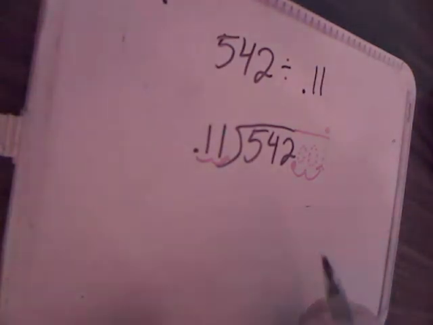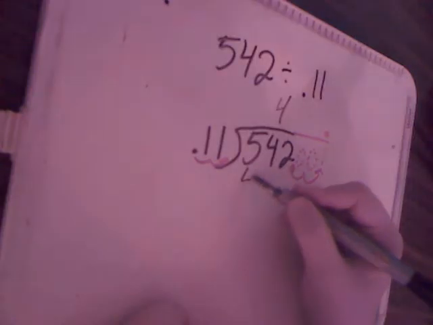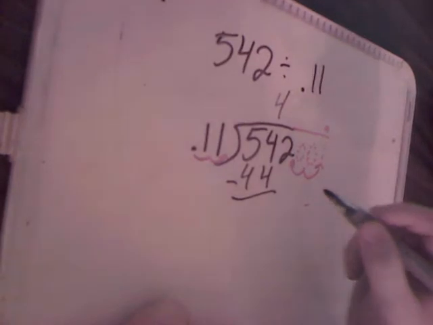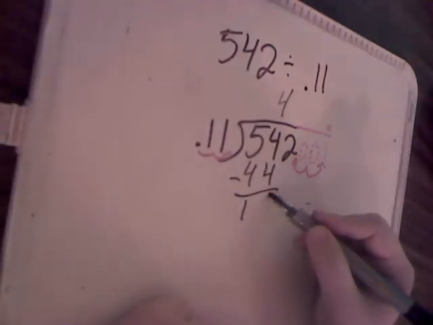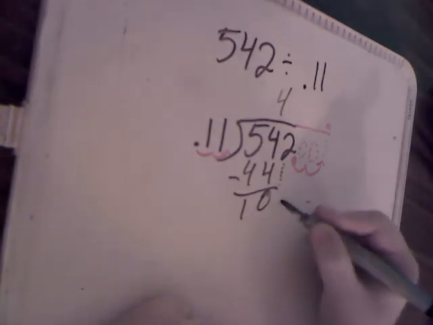Now we have to figure out how many times 11 goes into 54. Well, we know it's not 5 times because 5 times 11 is 55. So let's try 4. 4 times 11 is 44. We end up with 1, 0, so we end up with 10. We're going to drag down this 2.